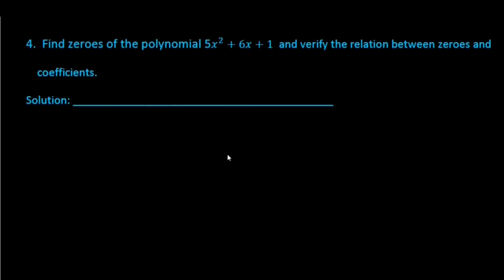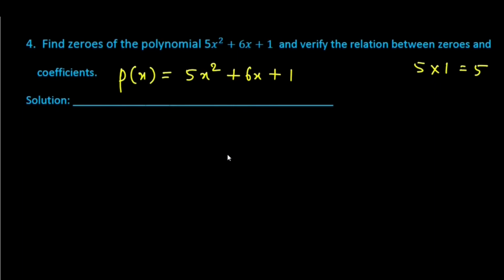Fourth question, find the zeros of the polynomial 5x square plus 6x plus 1 and verify the relation between zeros and coefficients. Given p of x is equal to 5x square plus 6x plus 1. Now we have to take the product of x square coefficient and constant. 5 into 1 is 5.